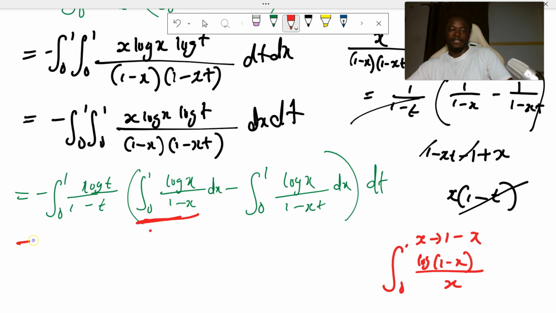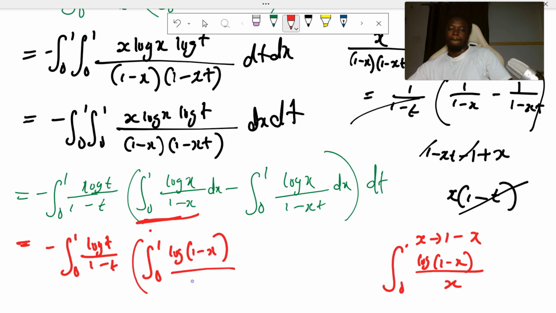So you would have this negative times the integral from 0 to 1 of log t all divided by 1 minus t times the integral from 0 to 1 of logarithm of 1 minus x all divided by x dx, minus, now if you recall the integral representation of the logarithm function, this is actually equal to dilogarithm of t over t, then dt.